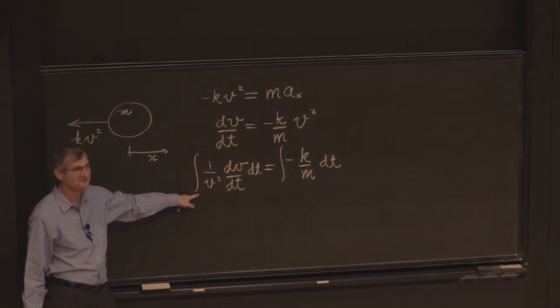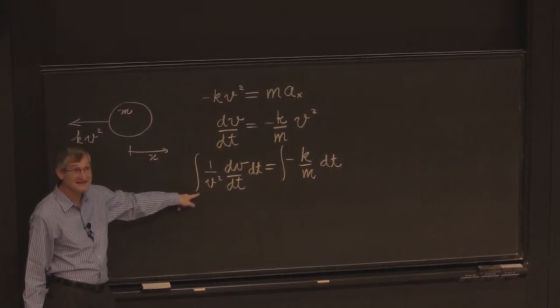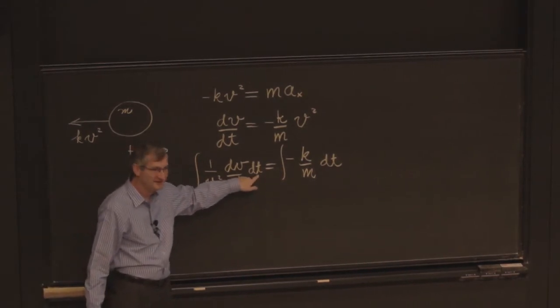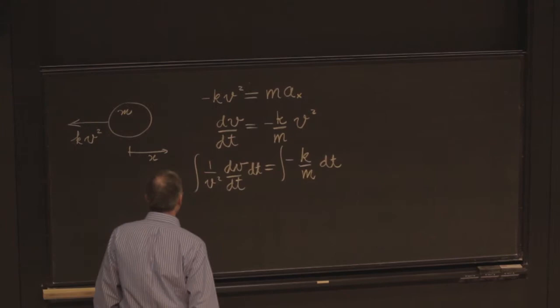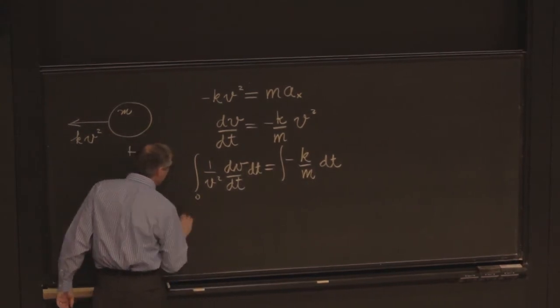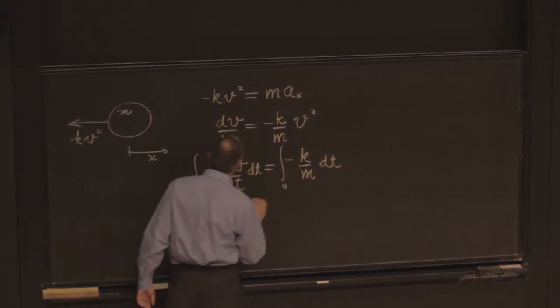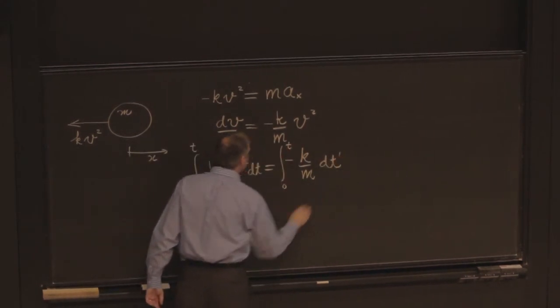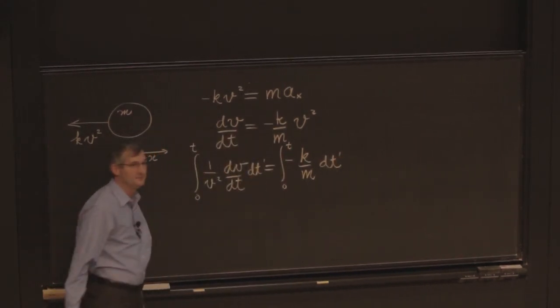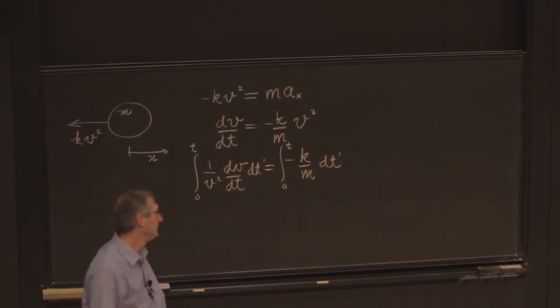As written. T, right? So this would be from time 0 to some time t. For the fussy, I can then put a prime as the dummy variable of integration.